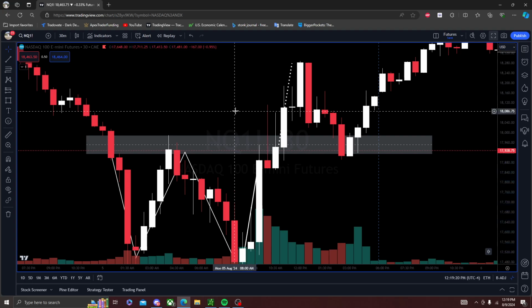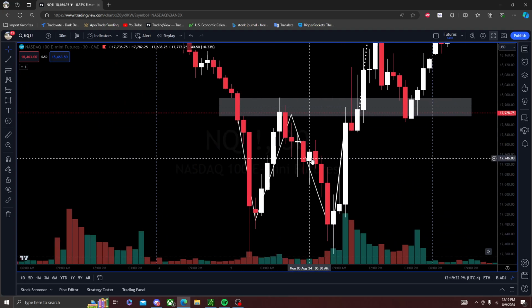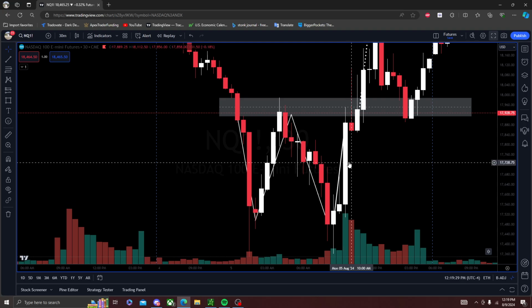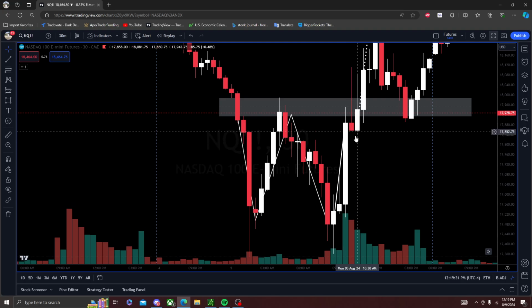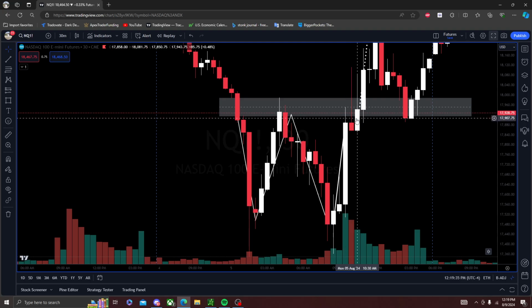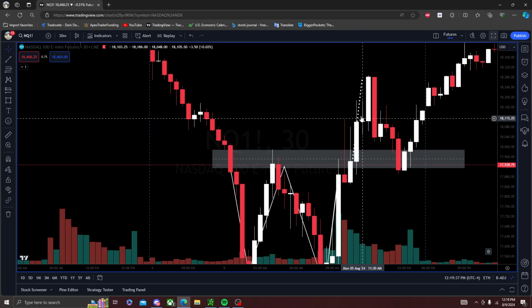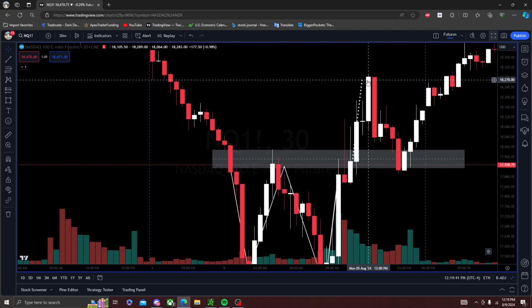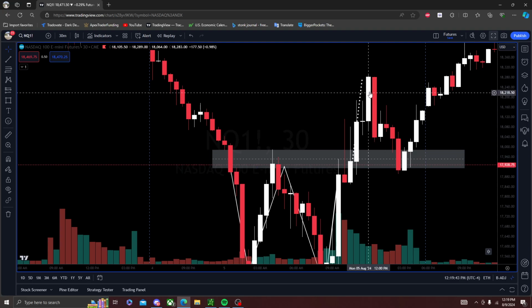Do you guys see that? So we drew the W pattern, we captured the impulse move from the right W, duplicated it, moved it towards the top, and we hit near perfectly towards the top of the target, and then we start to see a pullback.